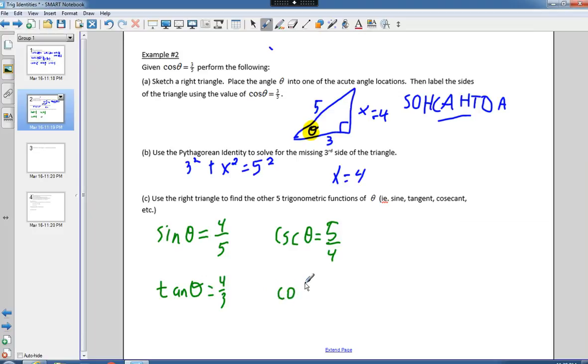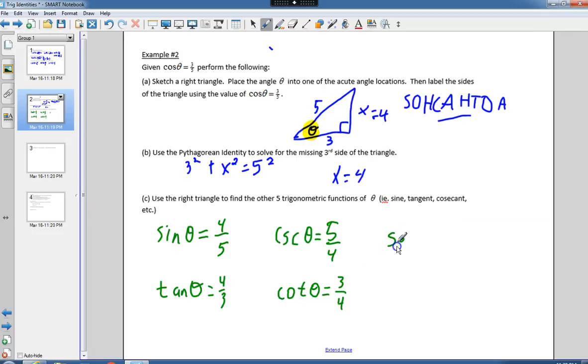In a similar fashion, cotangent of theta should be the reciprocal of tangent of theta. Since tangent of theta is 4 over 3, that means cotangent of theta should be 3 over 4.